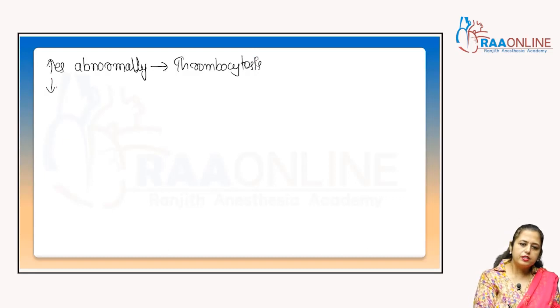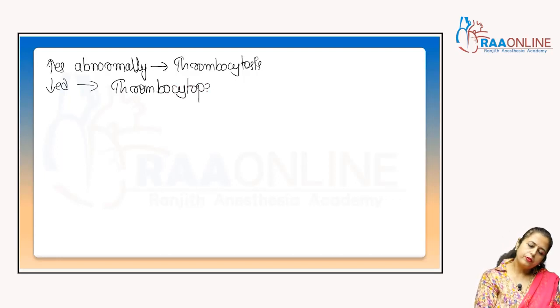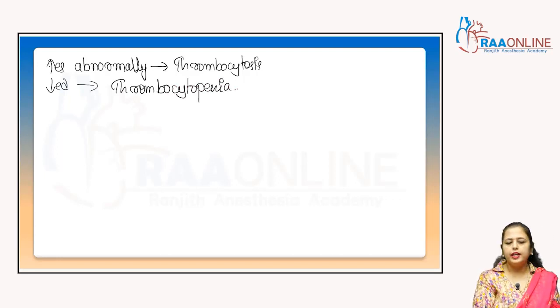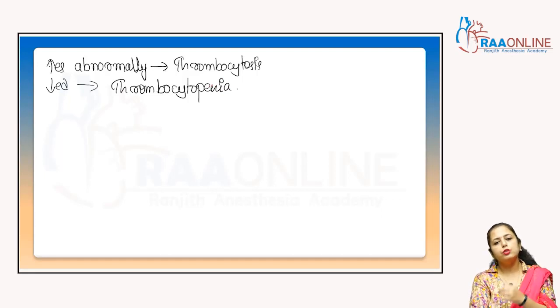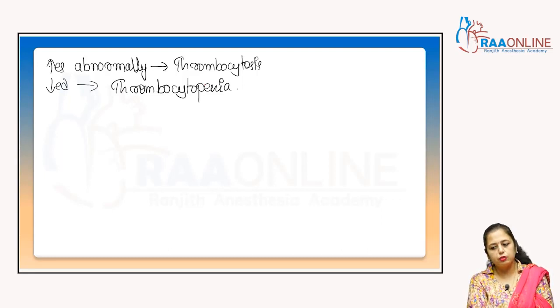And if it is decreased below the normal count, that condition is known as thrombocytopenia. Clear? So this is all about the blood cells and the conditions related to them.